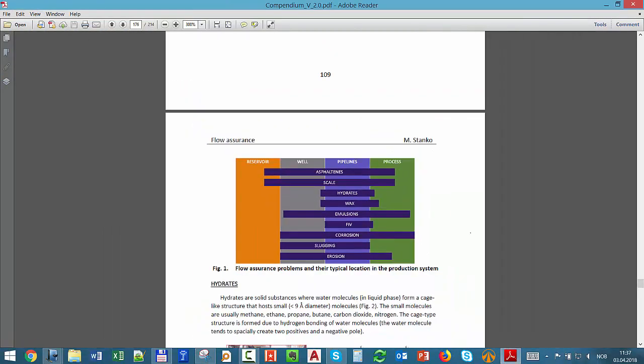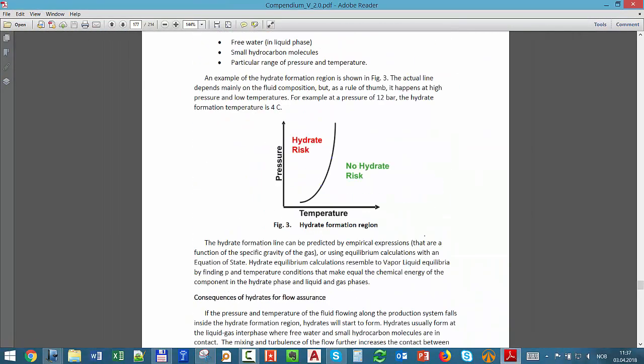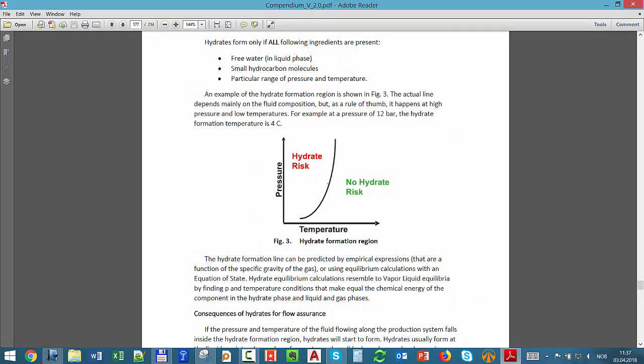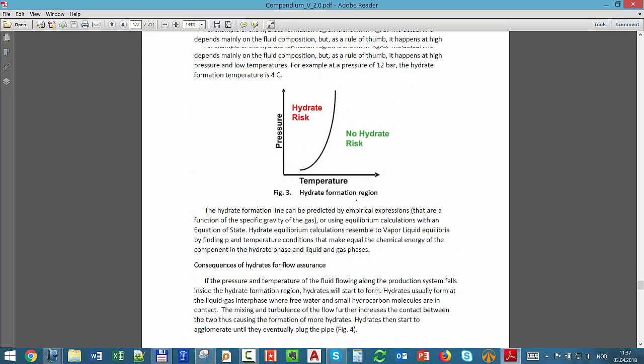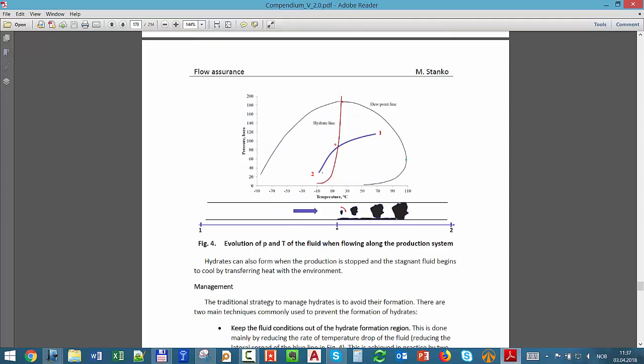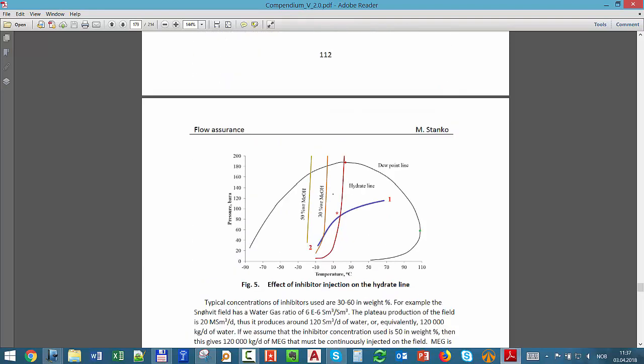And here you have the description of some of the problems. Hydrate, you know that you have to be inside or outside that region. You can change the insulation such that you don't reach into that region. That's the last exercise you're going to have, it is going to be related to that. Or you can also change the line by including the inhibitor.